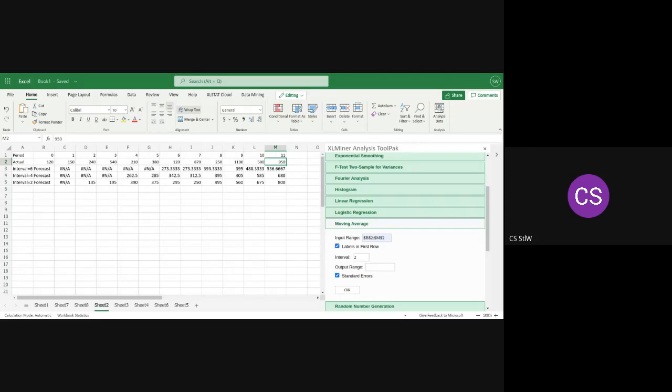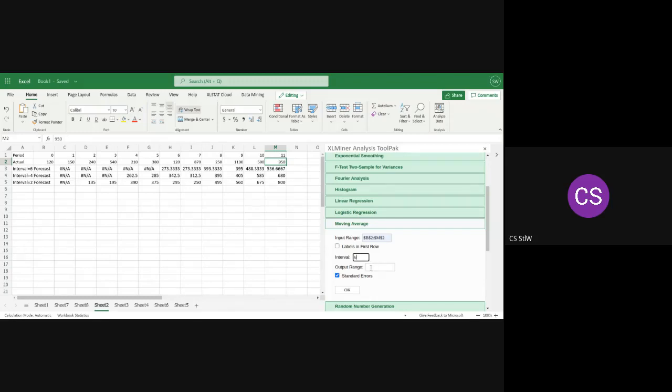So now we are calculating that moving average. I already have the output here for interval 6, but I may have been affected by the labels, so let us do this together.